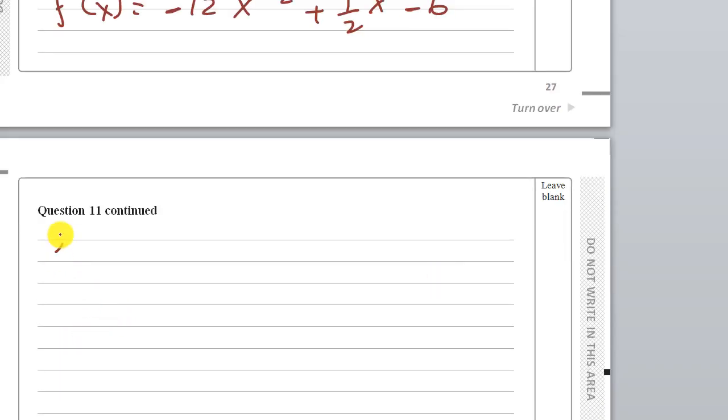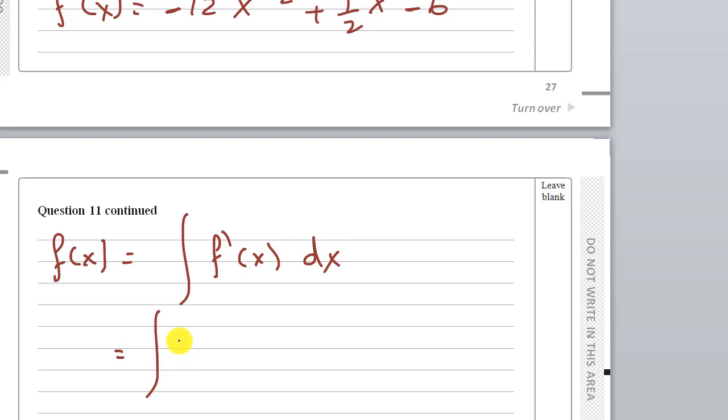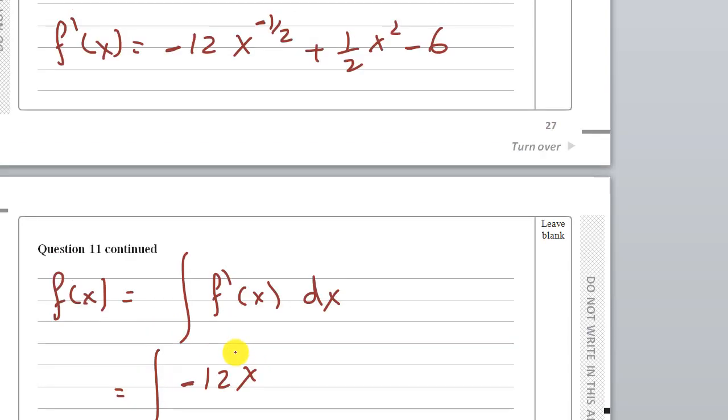Now f of x is equal to the integration of f dash of x dx. So it's equal to the integration of minus 12x minus half plus half x squared minus 6 dx.